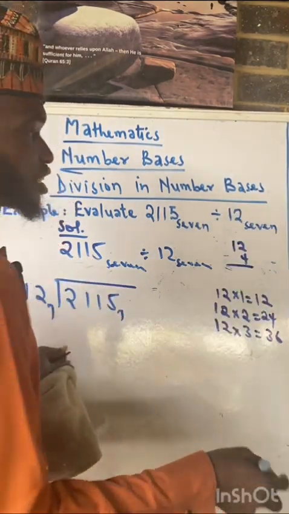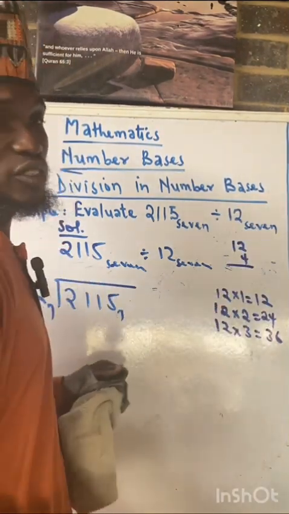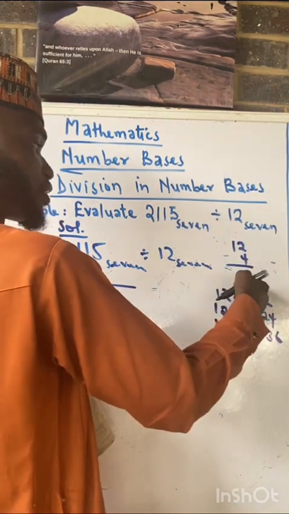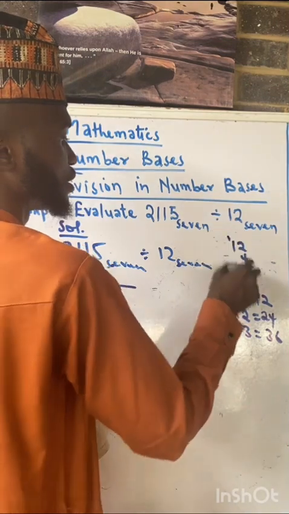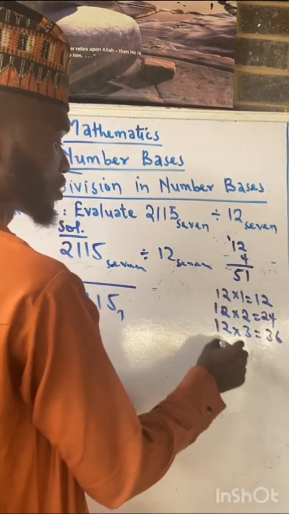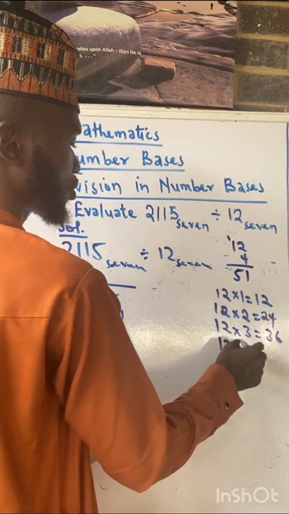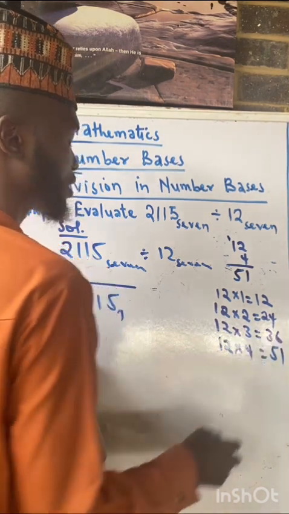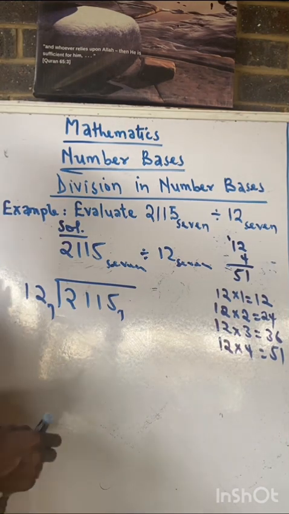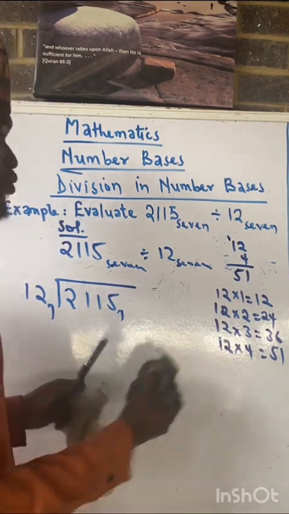Write the remainder and carry the quotient. 8 is one 7 and remainder 1. We are writing remainder 1. Carry the 1. So 4 times 1 is 4, plus 1 will give us 5. So that means 12 times 4 will give us 51 in base 7. So let's go again.